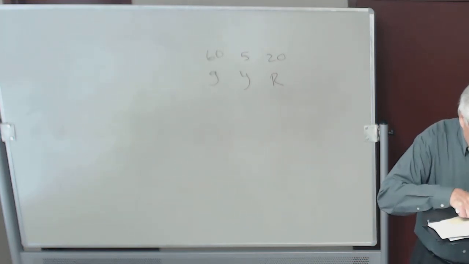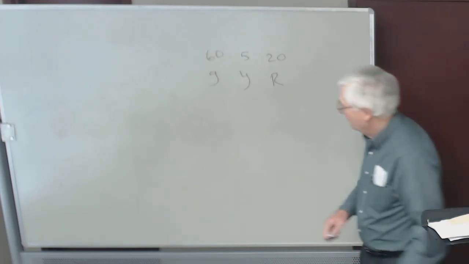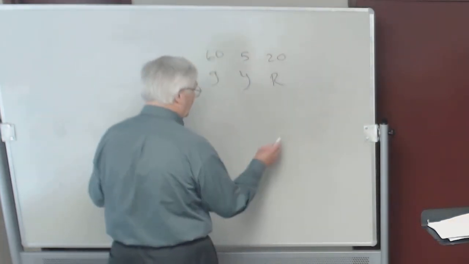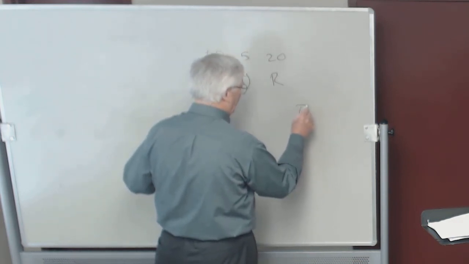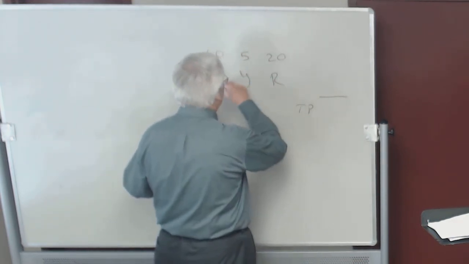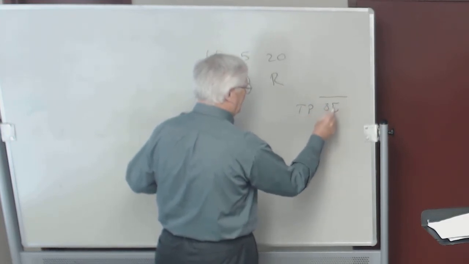What's the probability that a driver will find it green or yellow? So what's the total? The total possibilities are 60, 85. Everybody see that?